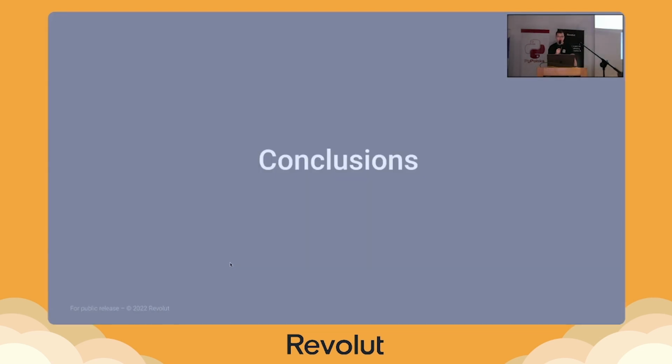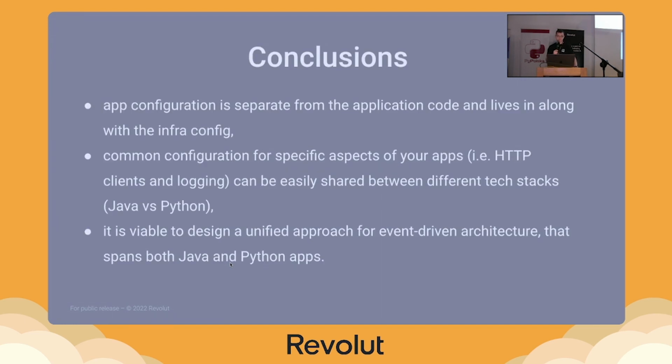So, let's conclude everything what we have seen during the presentation. We saw that on the first part, application configuration can be separate from application code and can live along with the infrastructure config.